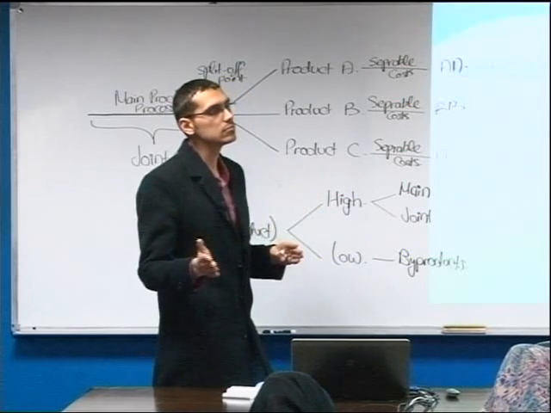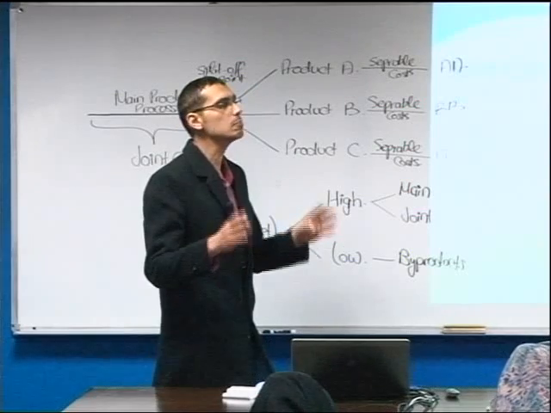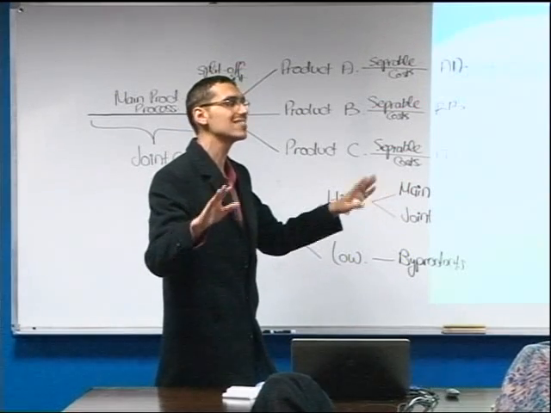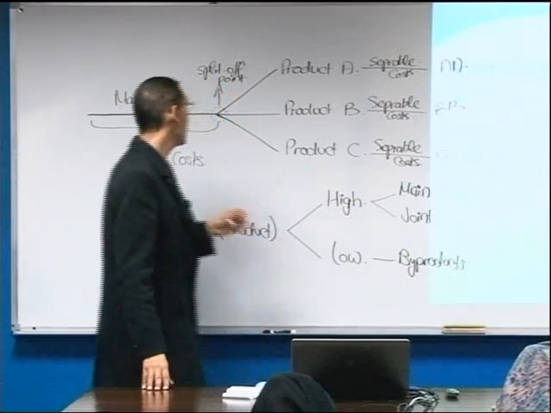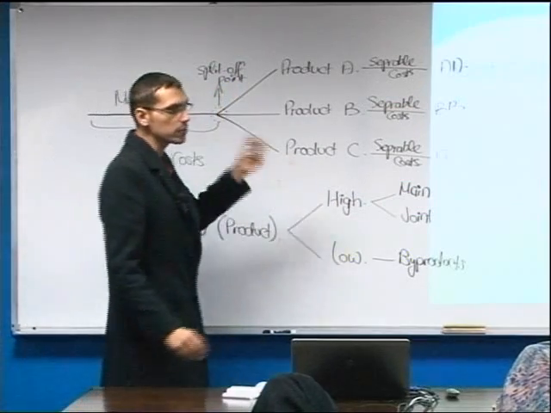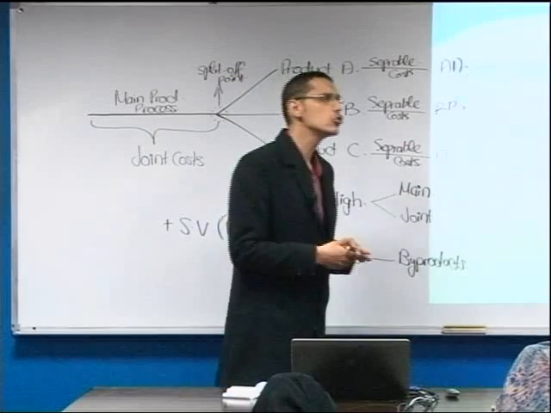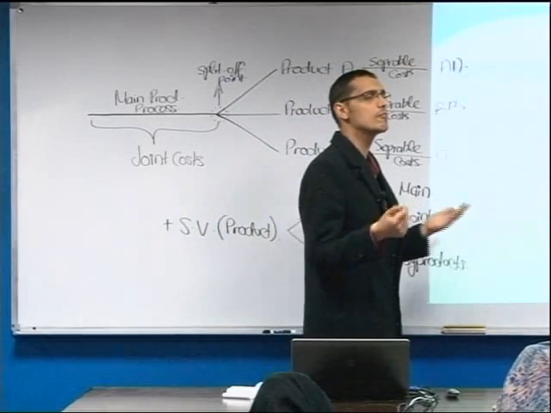Now, let us go back to the main point of our entire chapter: how we are going to allocate the joint cost onto the different products. Of course, we have two main categories of methods.